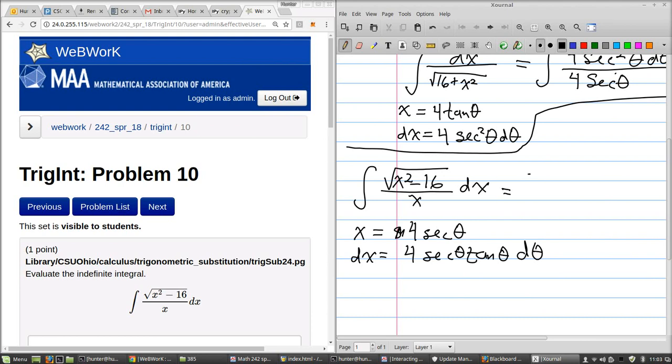So this becomes the integral of, the point is that the radical turns into 4 tan theta. And then dx becomes, so there's, I'm going to say tan squared because of this tan here. And times another 4 and times secant theta d theta.